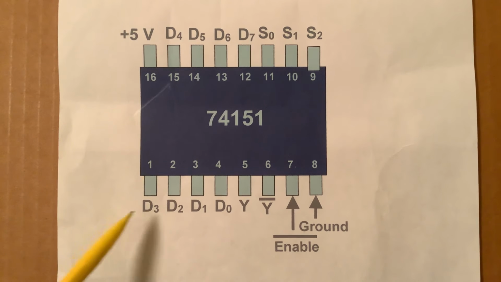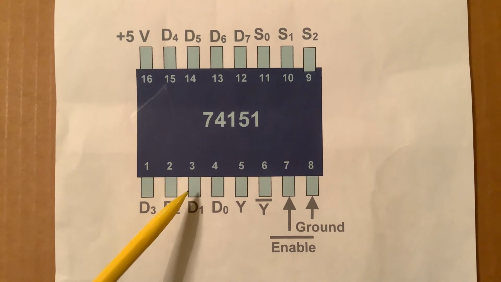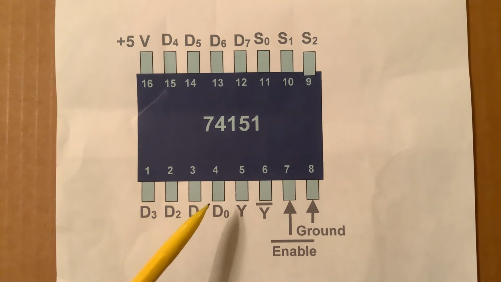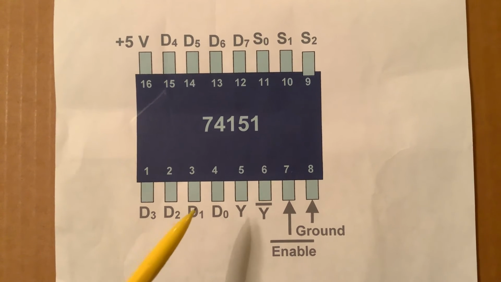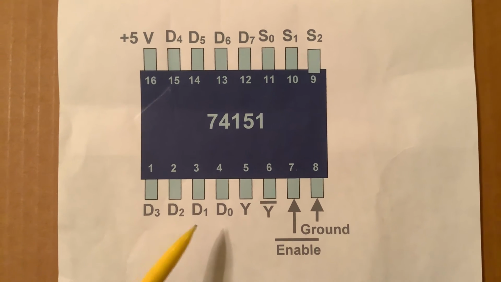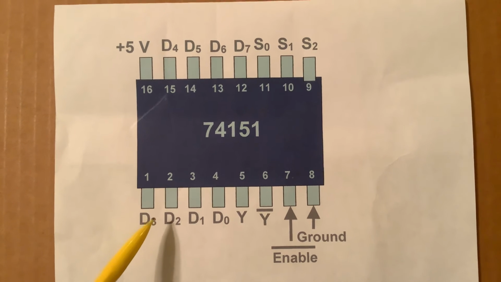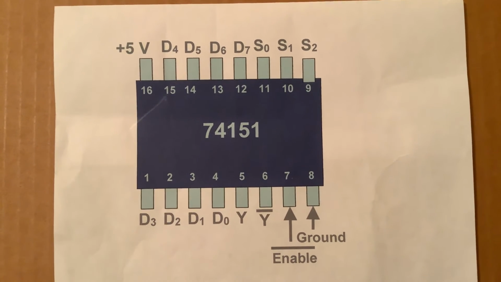attached to each one of the data inputs. For instance, again, D1 was attached to a 5-volt source. D2 was attached to ground.